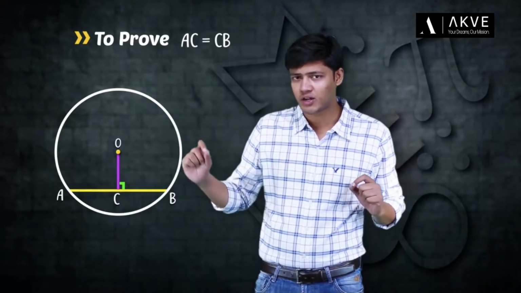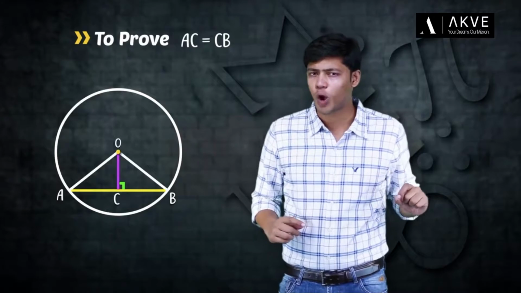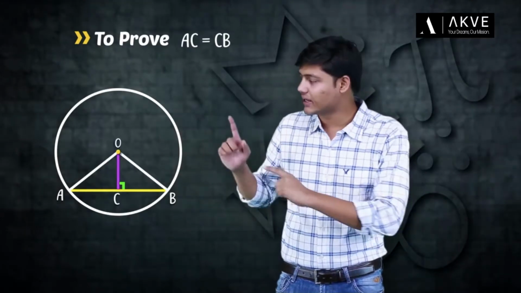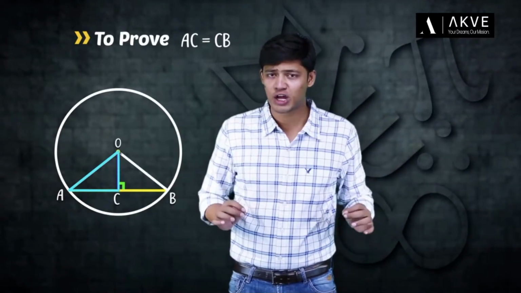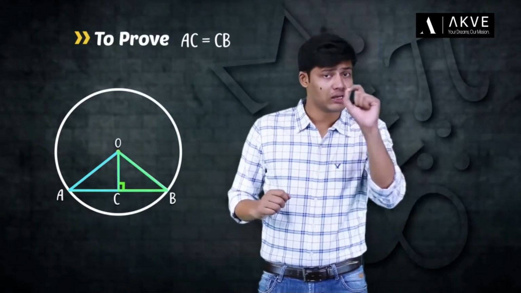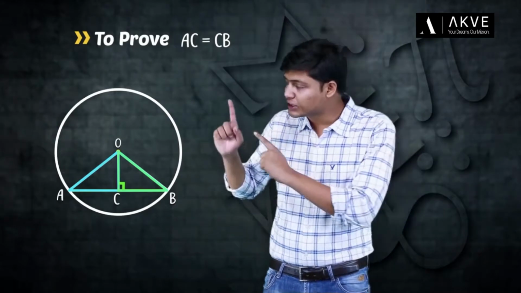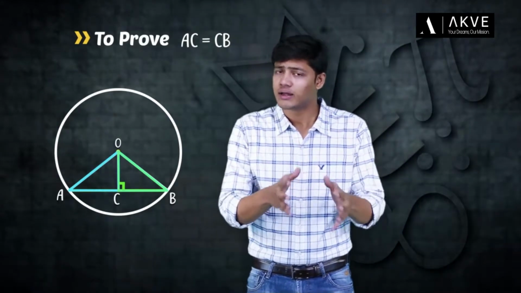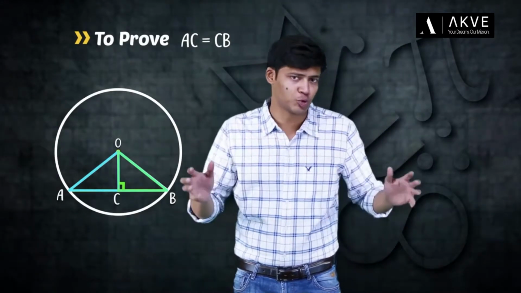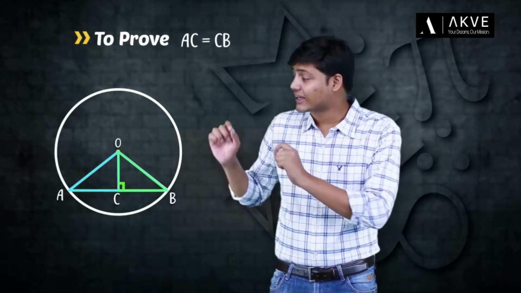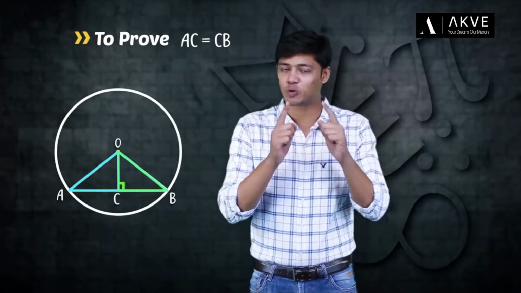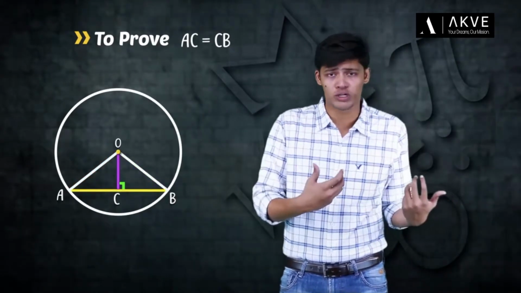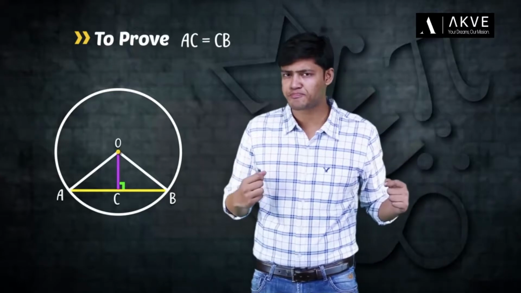If we join OA and OB, we get two right angle triangles in this circle, and they are OAC and OCB. Now, if we prove that these two triangles are congruent, then our theorem is proved, since the corresponding sides of congruent triangles are equal.